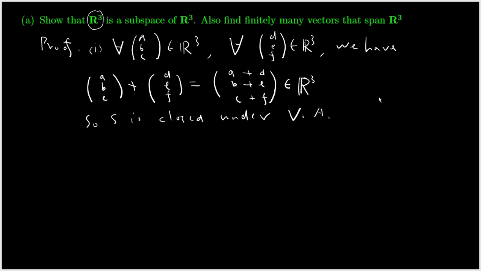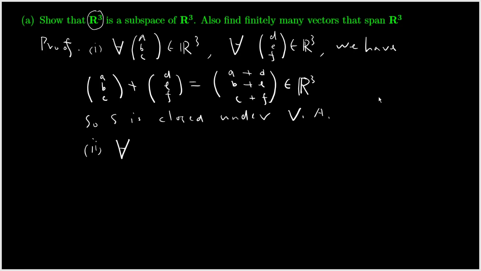The second condition we want to verify is S is closed under scalar multiplication. You need to show any number multiplied by any vector, the scalar multiple is a vector in R3. So this one is kind of obvious too, right?